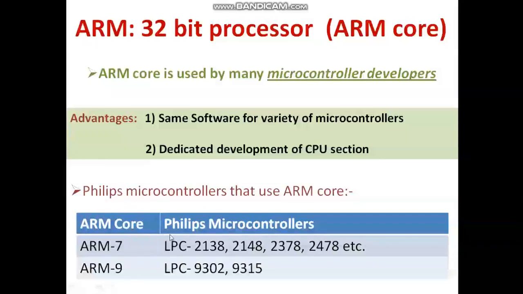For example, if you consider LPC 2138, 2148, 2378, etc., all these microcontrollers use ARM7 as ARM core. Similarly, these microcontrollers use ARM9. There are successively higher and higher versions of the ARM core, and they are used by the various updated microcontrollers. So that's the idea of the ARM processor.